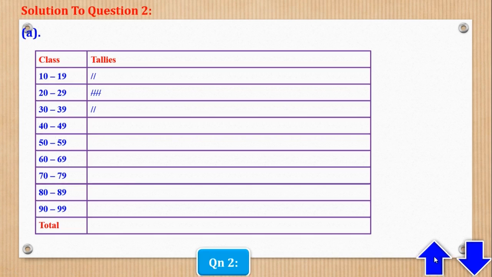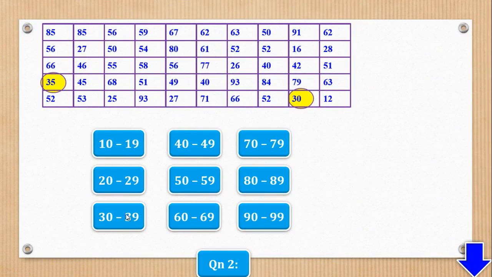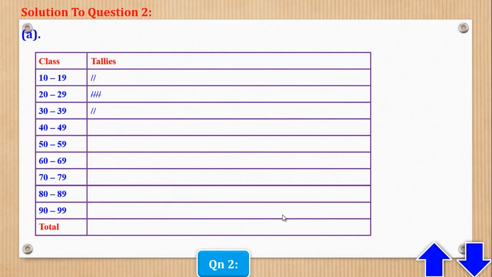So you come back here, remove these ones, then you go to 40 to 49. So these are 1, 2, 3, 4, 5, 6. So you put your tallies like that. So I think we realize that 5 is 1, 2, 3, 4 with a fifth slash, then the 6th will start a new bundle. Then we shall now go to 50 to 59.